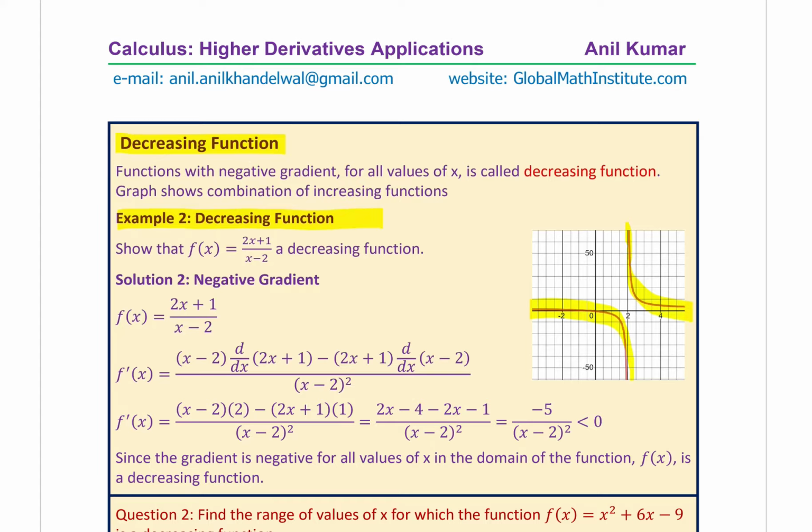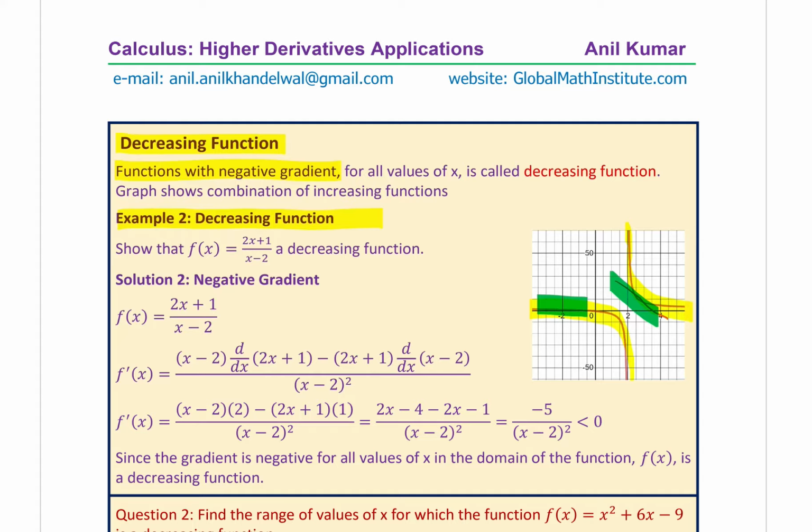So, what is the decreasing function? Well, the function with negative gradient means if I draw a tangent line anywhere, in that case, the gradient is going to be negative. It is kind of decreasing. Do you see that? So, if I draw a tangent here or anywhere else, it is going to be sloping downwards. So, it is a negative gradient.